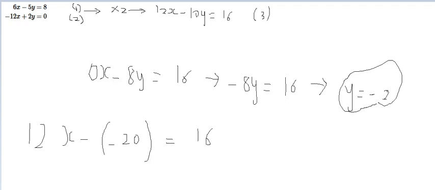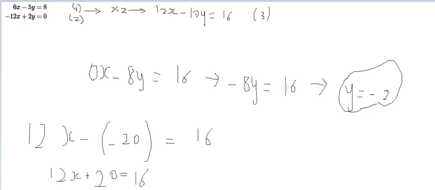Now minus minus becomes plus, so 12x plus 20 is equal to 16.